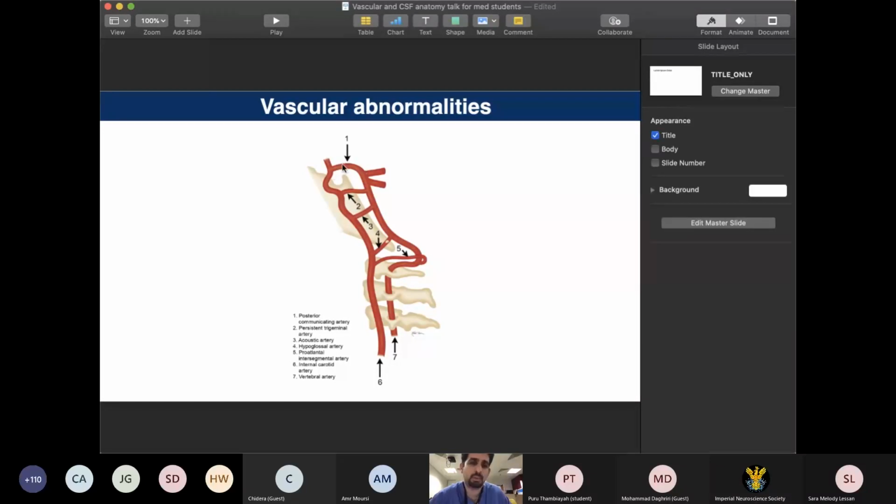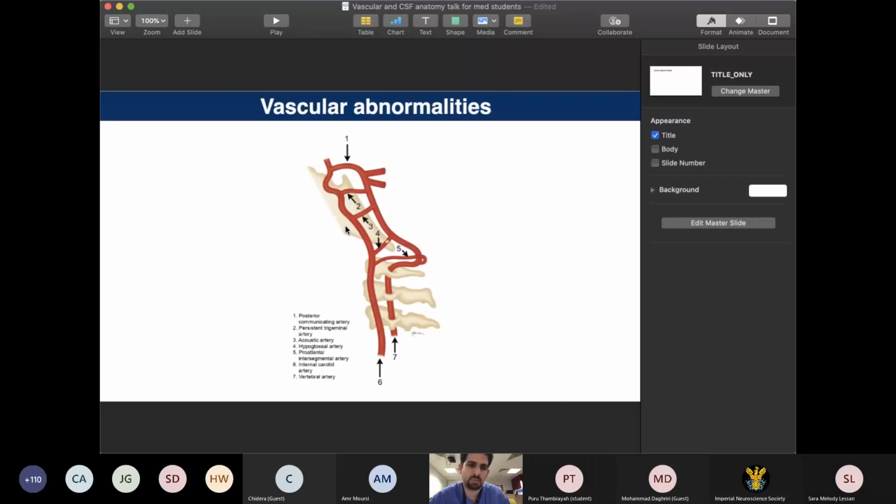A fetal PCOM is when your PCOM is basically larger than your P1, which means blood supply is going from anterior to posterior via the PCOM at a rate that is a bit unusual, and that's because of underdevelopment of the posterior circulation. So usually with these anomalies, you have a puny basilar artery, and you have sort of more bulky anastomotic arteries. PCOM is the most common, and indeed it exists as part of the circle of Willis.